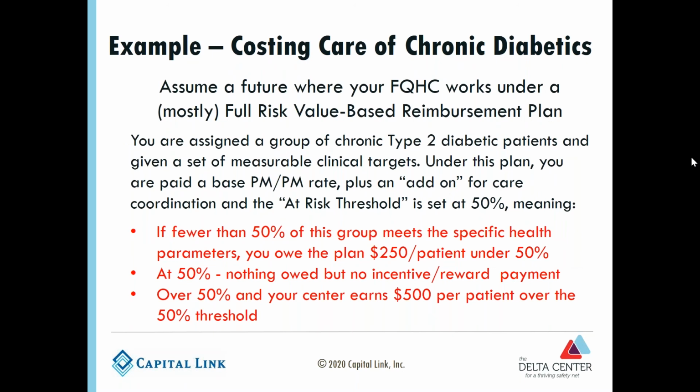All right. So here's our example of the world you're going to live in in the future, and we're going to presume you're living in it now as we go through this example. It's a mostly full risk-based, value-based reimbursement system. You've got this group of diabetic patients, and we're actually going to show 3 scenarios, and also your existing steady state now, your fee-for-service environment.